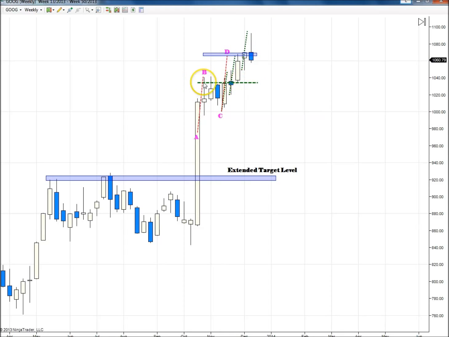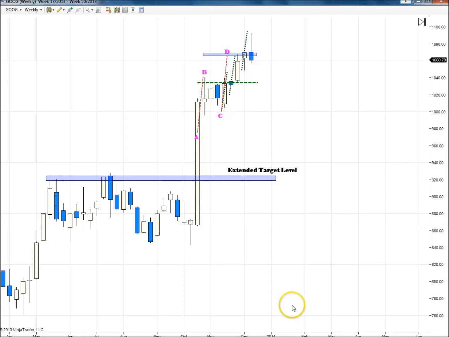Initial target will be 1030, and maybe later on, if we see confirmation signs, the 1000, and even filling the earnings report gap all the way back to 920.